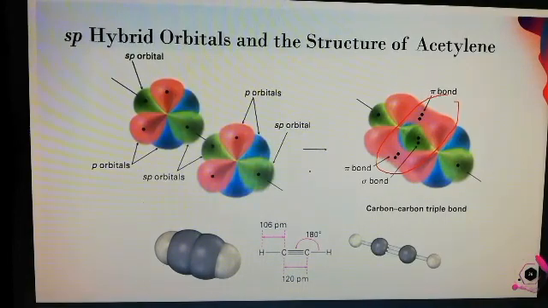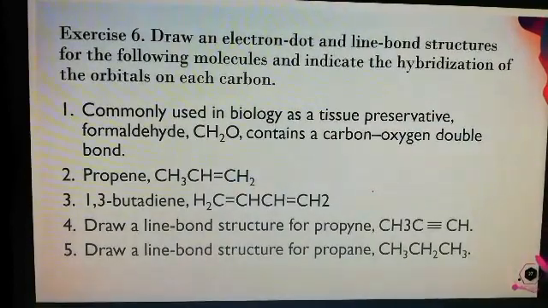This is a diagram of acetylene, C2H2, and acetylene ay merong triple bond. Meron siyang isang sigma bond sa gitna at dalawang pi bonds. So, that's the different hybridization or the hybrid orbitals. We have the sp3, which is single bond, the sp2, the double bond, and the sp, which is the triple bond.